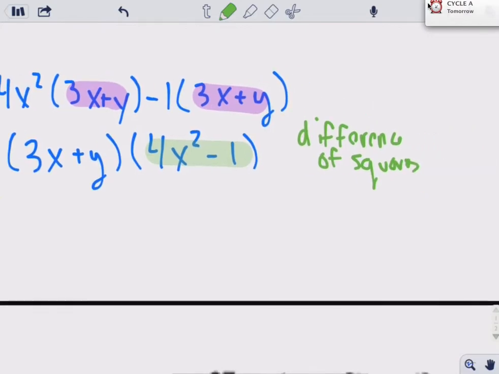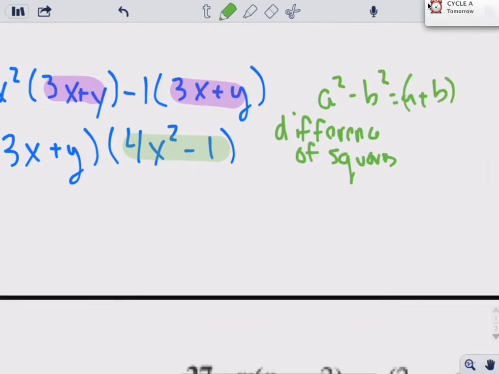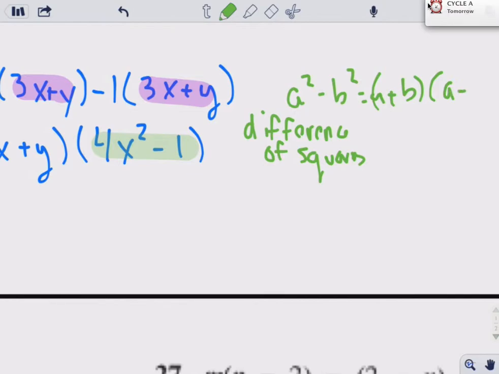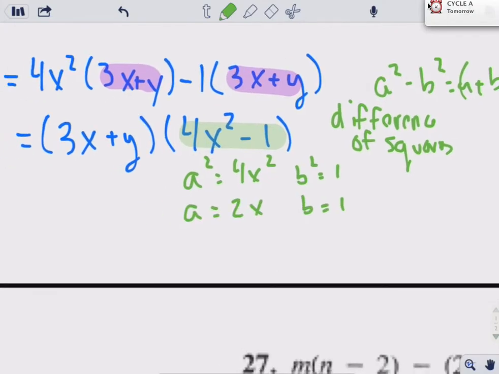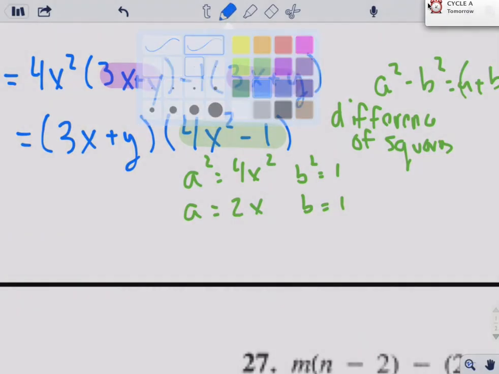Remember, difference of squares follows the form a squared minus b squared is equal to a plus b times a minus b. So in my particular case, a squared is equal to 4x squared, b squared is equal to 1, so a is equal to 2x, b is equal to 1. So I can factor it one last time.